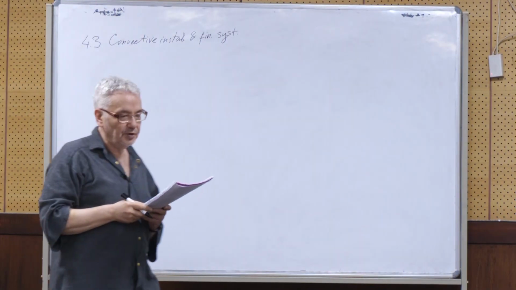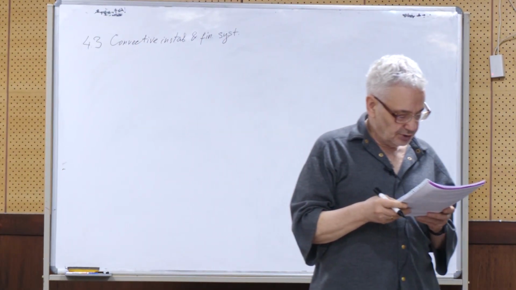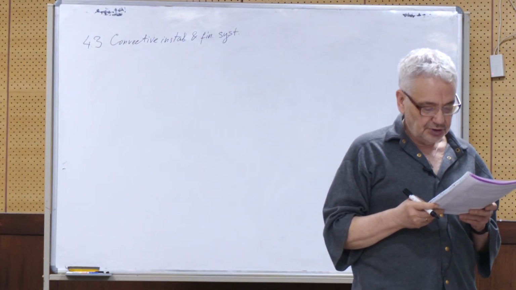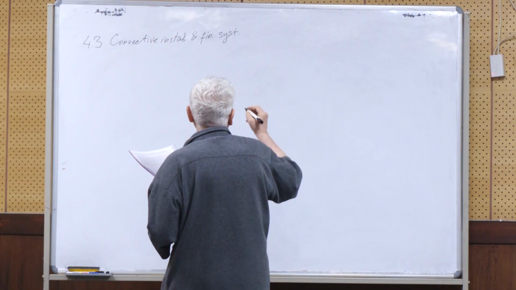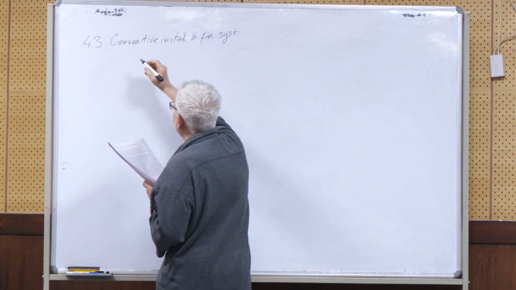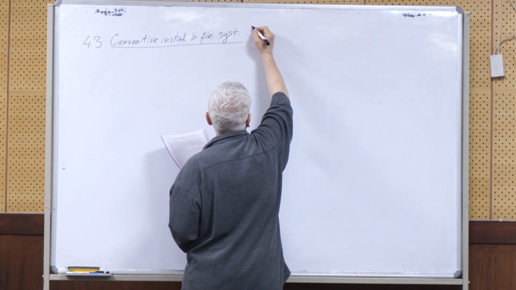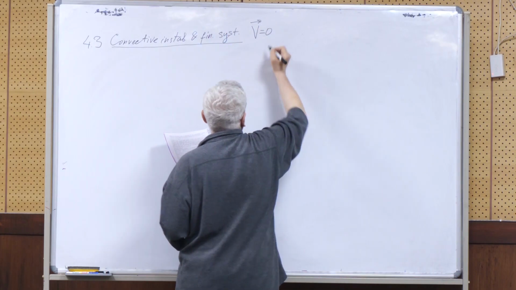So we now will derive the final system, because it's natural to define the convective instability from the stationary V equals 0 solutions. The very essence of all this is that we are looking for the solution on the condition that V is 0.